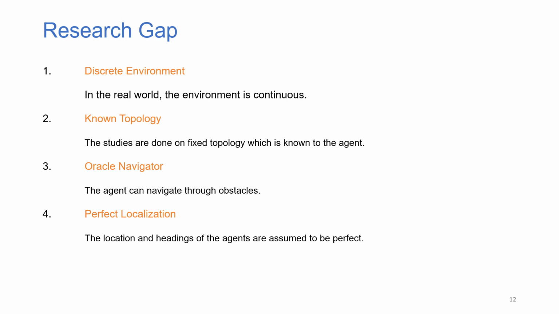However, the agent's shape and size should be taken into account because it cannot pass through any narrow opening if its shape doesn't permit it. And lastly, perfect localization is an ideal case which is considered in this study. However, as I said, in real world settings, that might be a problem to achieve.